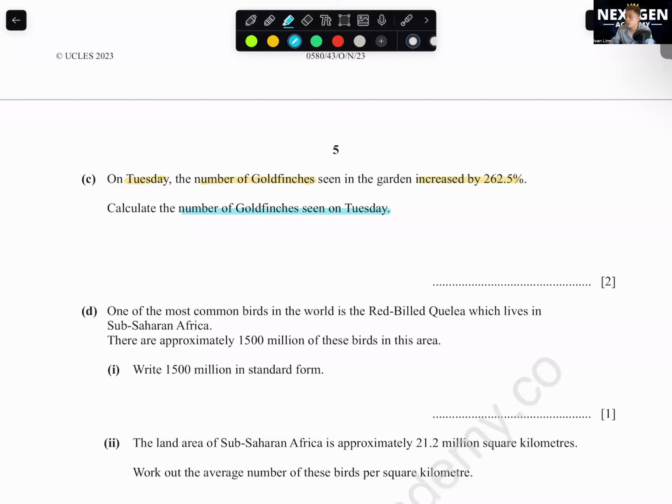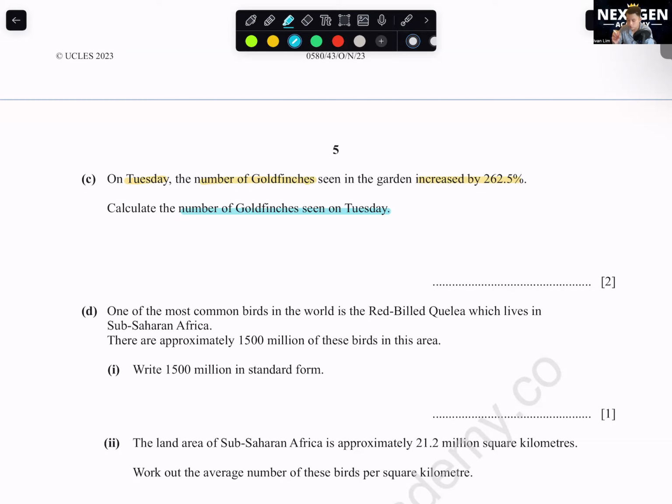How do we calculate this? They say the number of goldfinches seen in the garden increased by 262.5%. Increased by, you all see the language here, it's not, it is 262.5%. Increased by means what? How many percent is it right now?